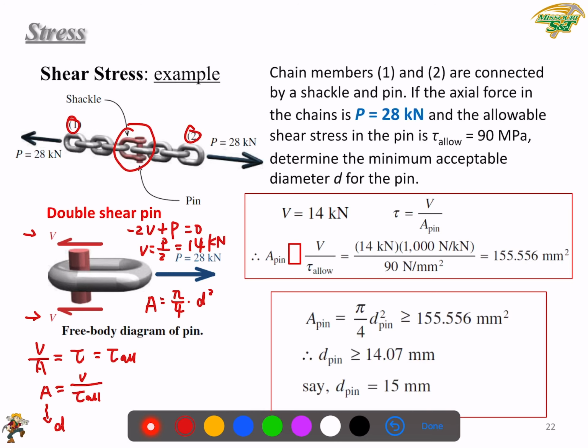So this will be the minimum value of area. From this equation, you should know that the true area should be larger than the calculated value. Based on that, you can determine the diameter of the pin, which should be not smaller than 14.07 millimeter.